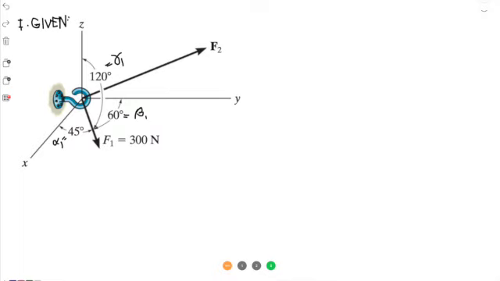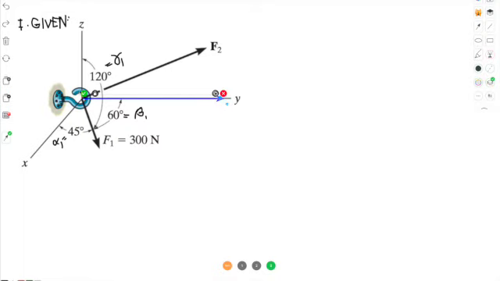Okay? But we are also given that our resultant force acts along the y-axis. Okay, here.